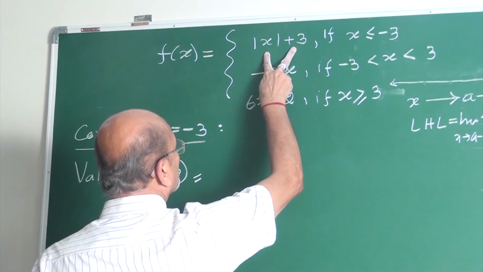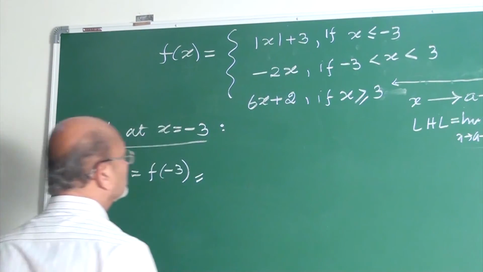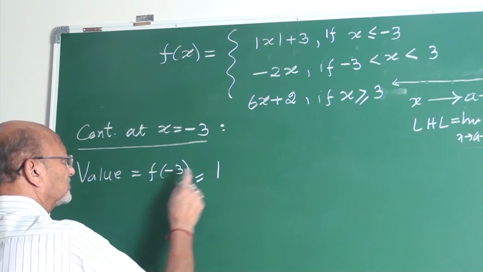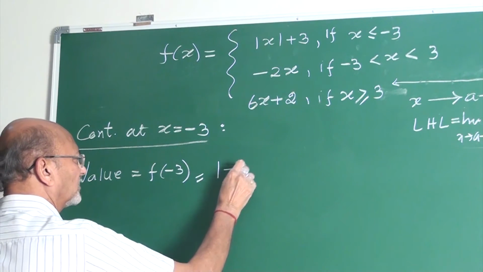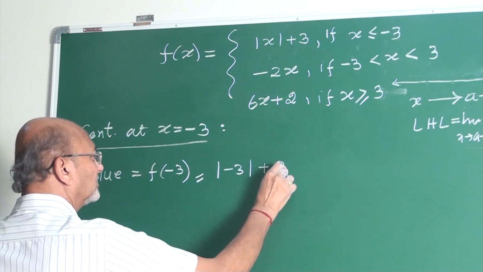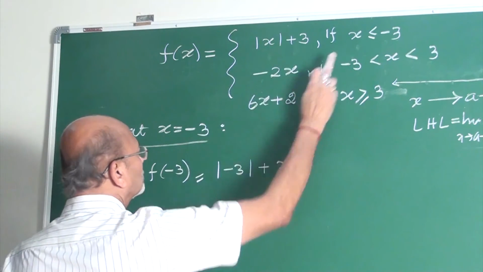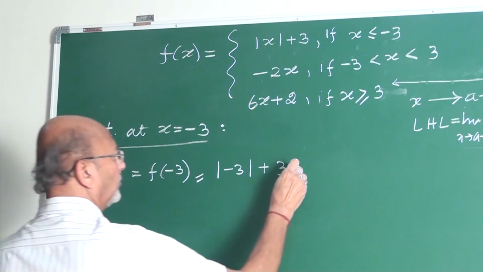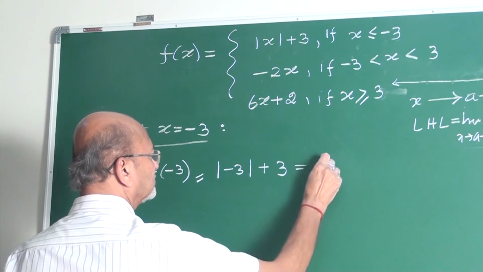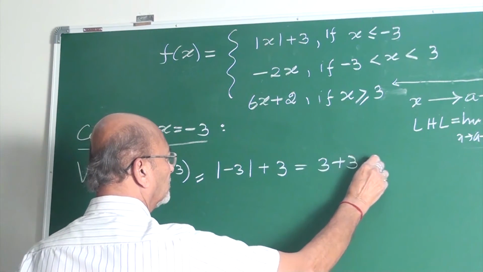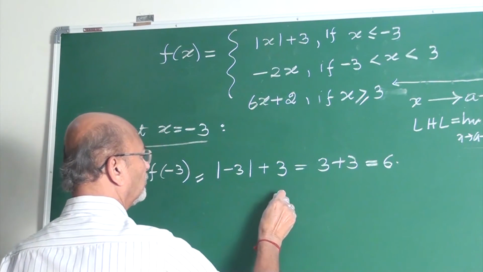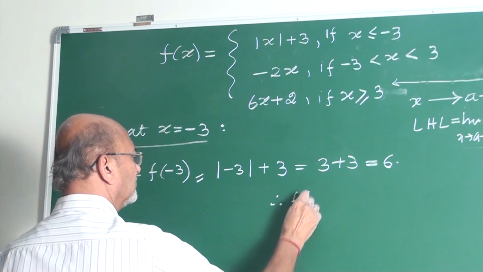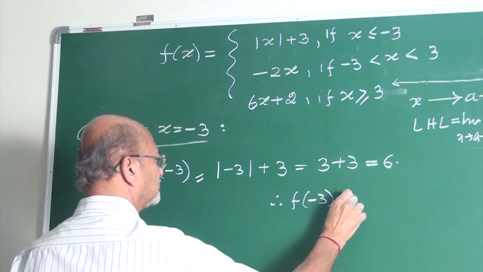What is it? Mod x plus 3, with x as minus 3: mod of minus 3 plus 3. Mod of minus 3 is plus 3, plus 3, which is 6. Therefore, I write f of minus 3 is 6.